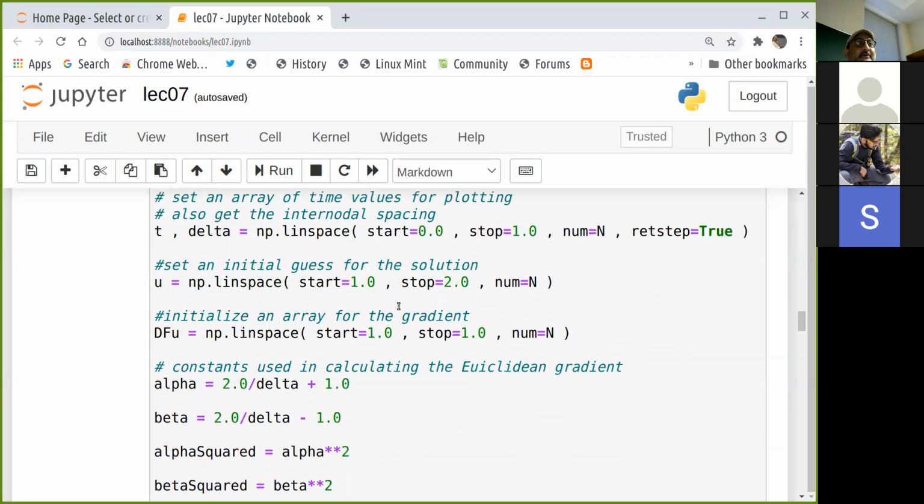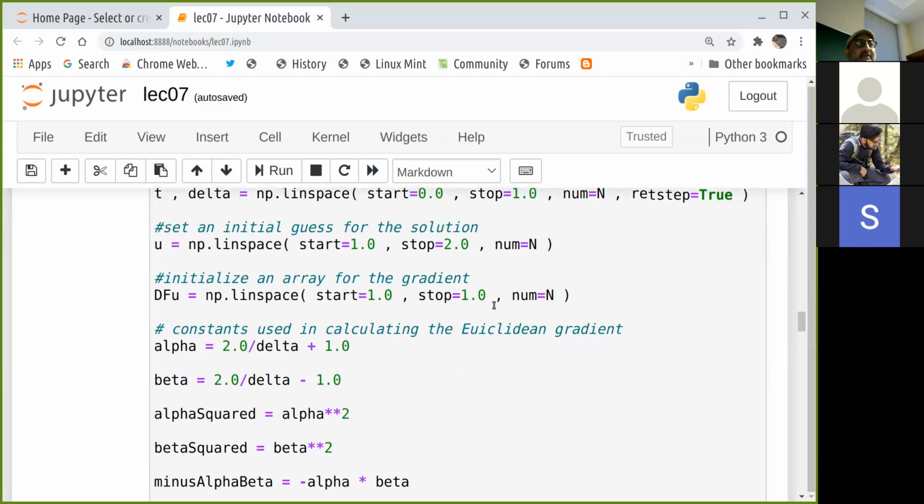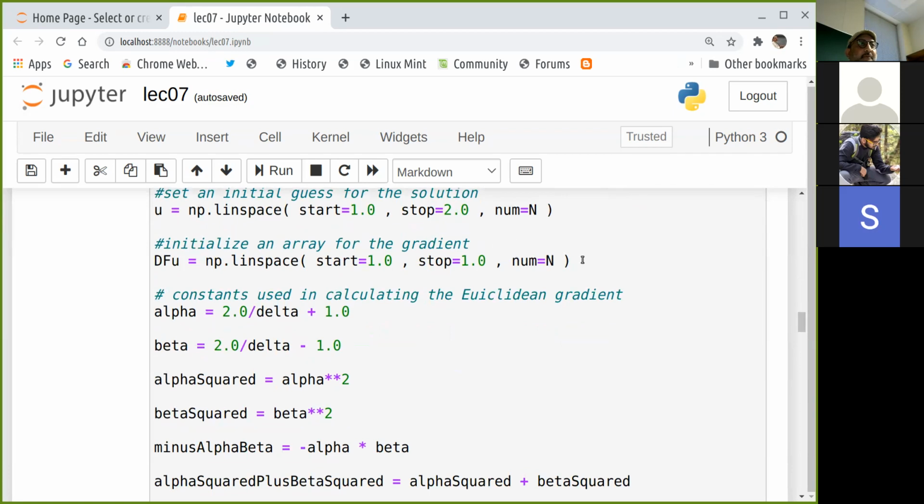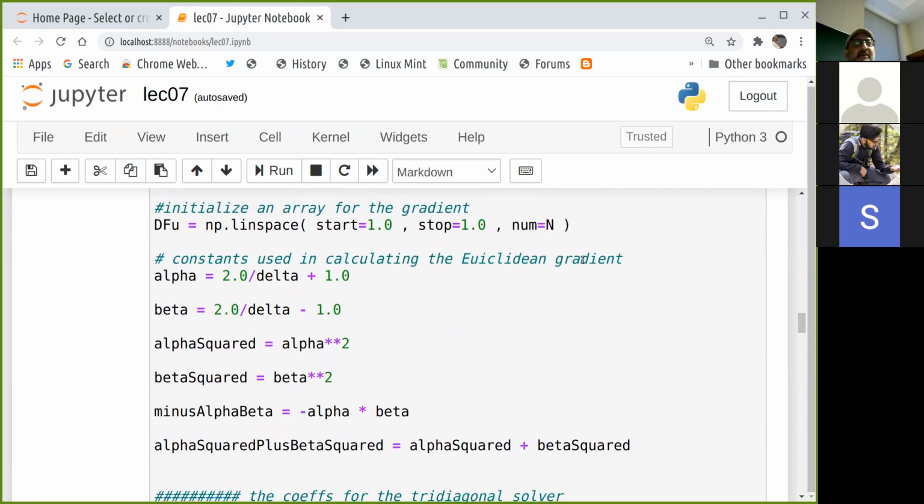Okay, U, well, as before in the previous session, it starts from 1 and goes to 2 initially, and hopefully we're going to evolve that until we find a solution of our problem. Okay, initialize the space for the Euclidean gradient df of U. Okay, same calculations as we had before, same constants that appear in calculating the Euclidean gradient.